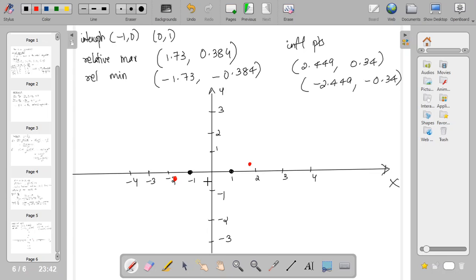And next the inflection point. So that is 2.449 and 0.34. So it will be a little lower than the first point.